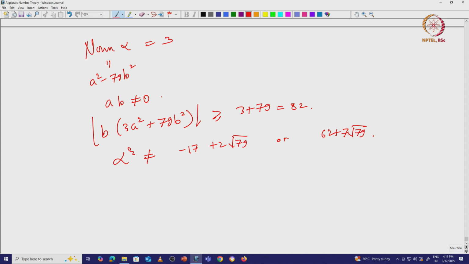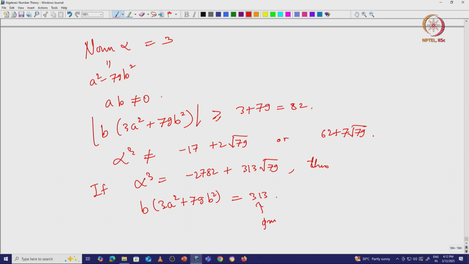On the other hand, if alpha cubed is equal to 2782 plus 313 square root of 79, then b times 3a squared plus 79 b squared is equal to 313. This is a prime number.